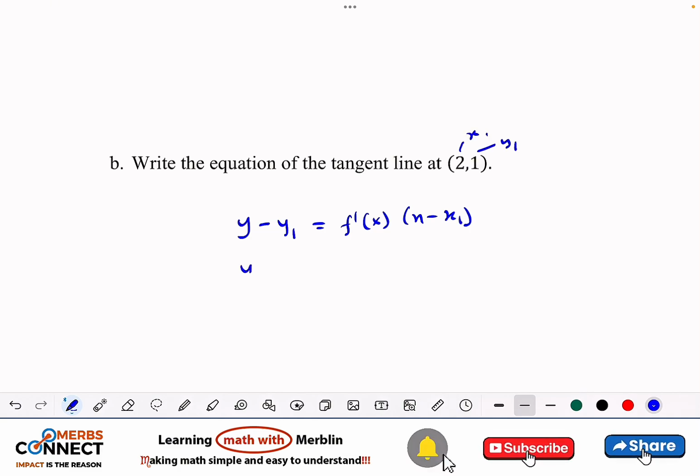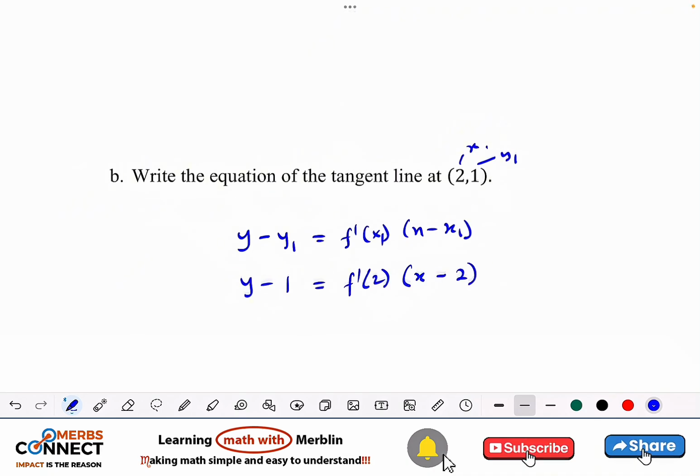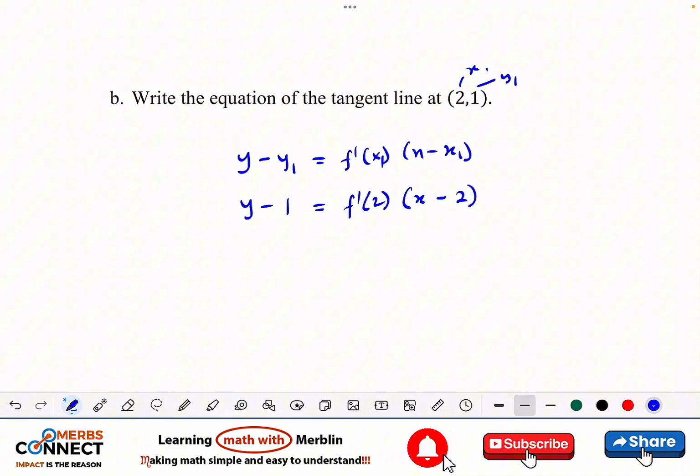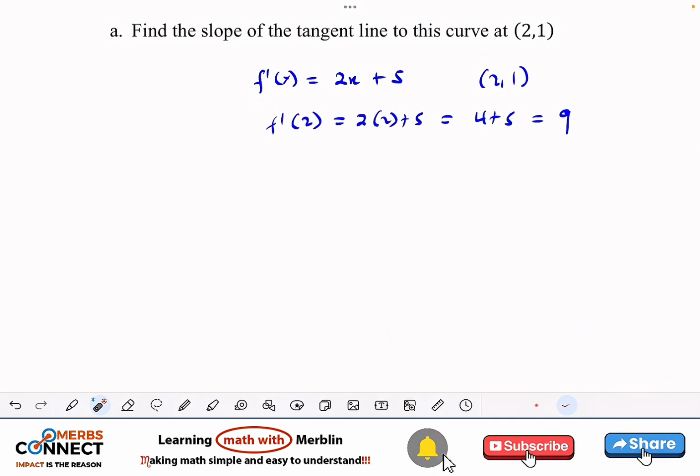So y minus 1 is equal to f prime. X is 2, so I'm going to have f prime of 2, then x minus 2. Good. I mean, this one should be x1, because we need to evaluate it by putting in the x1. So now we saw that f prime of 2 was equal to 9.